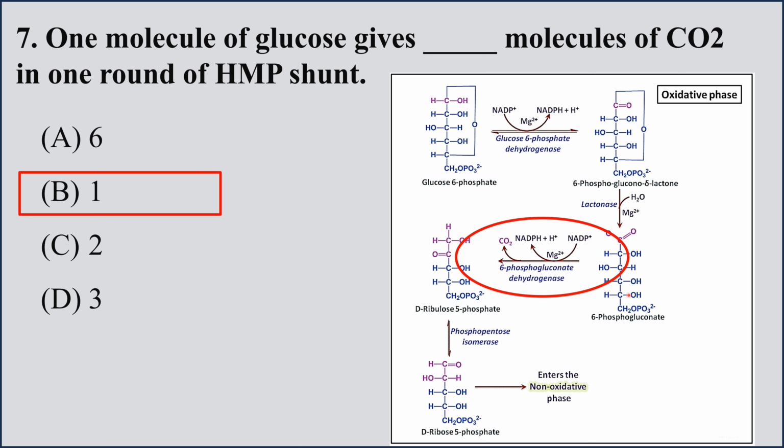This reaction is catalyzed by the enzyme 6-phosphogluconate dehydrogenase, and there is a dehydrogenation reaction in which NADP is reduced into NADPH and one carbon is removed in the form of carbon dioxide. So the 6-carbon molecule is converted into 5-carbon molecules, known as pentoses, in the form of ribulose and ribose, which are then used for the synthesis of nucleotides.